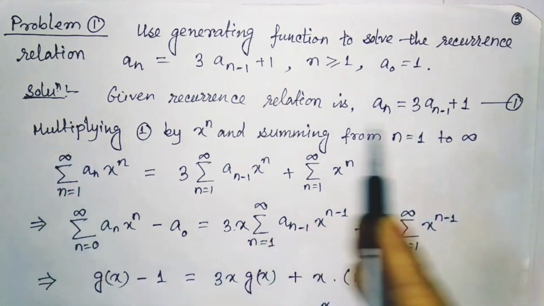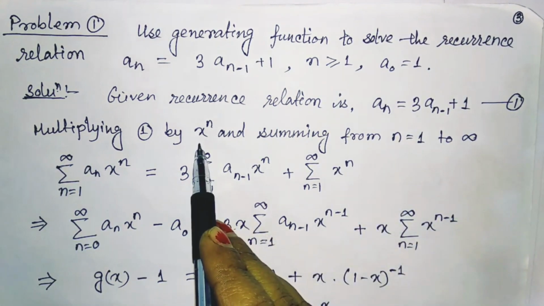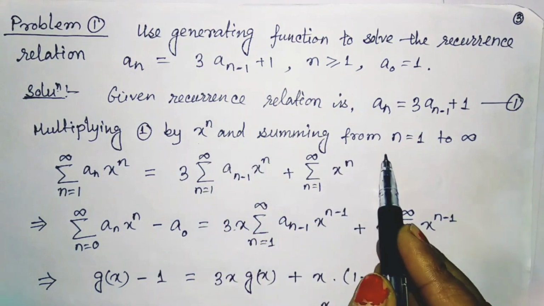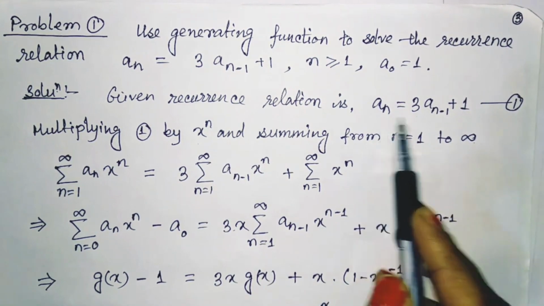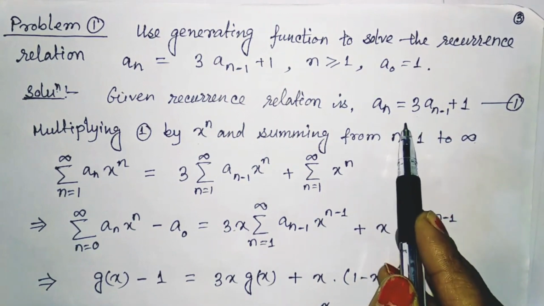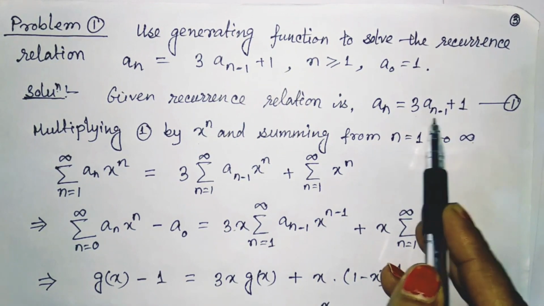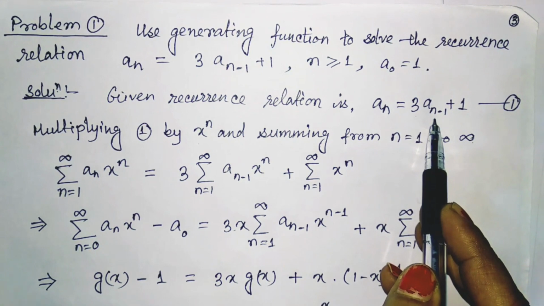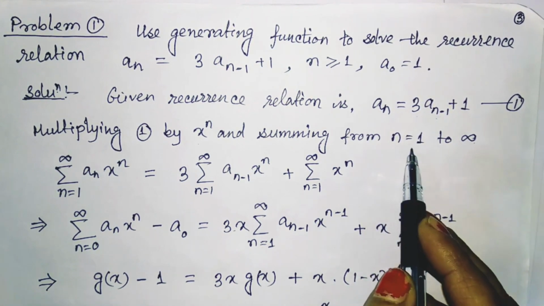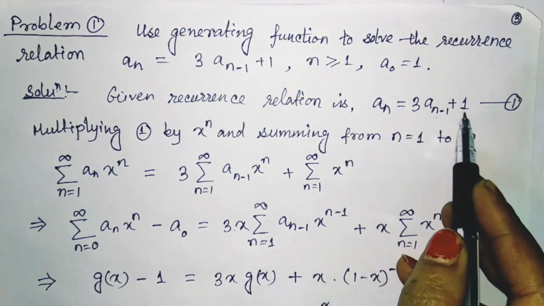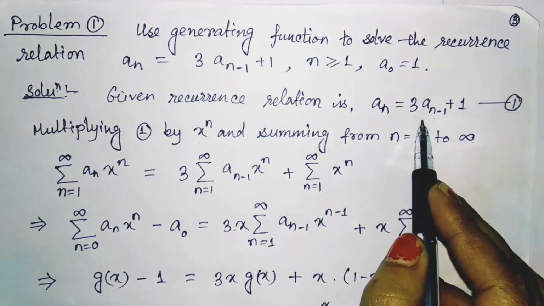That's why we multiply this equation by x to the power n and take the summation from 1 to infinity. Remember, we can't take it from 0 to infinity, because then we would get a negative index, which is not possible. That's why we sum from n equals 1 to infinity.